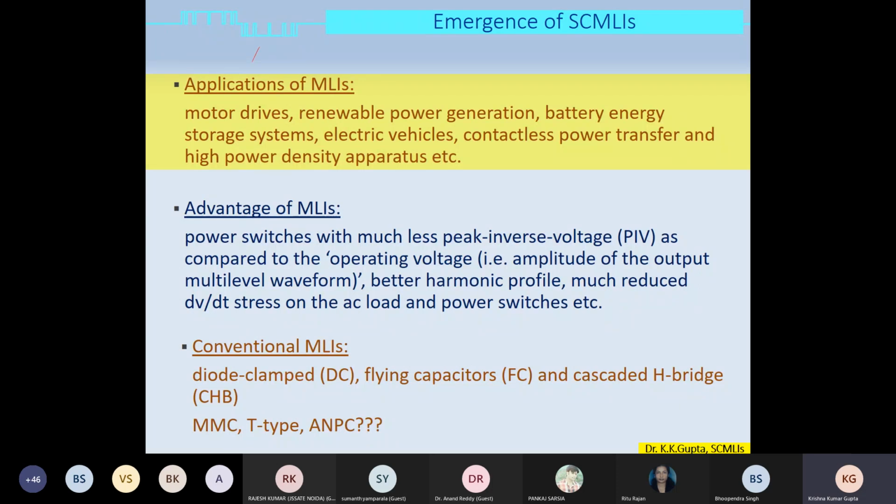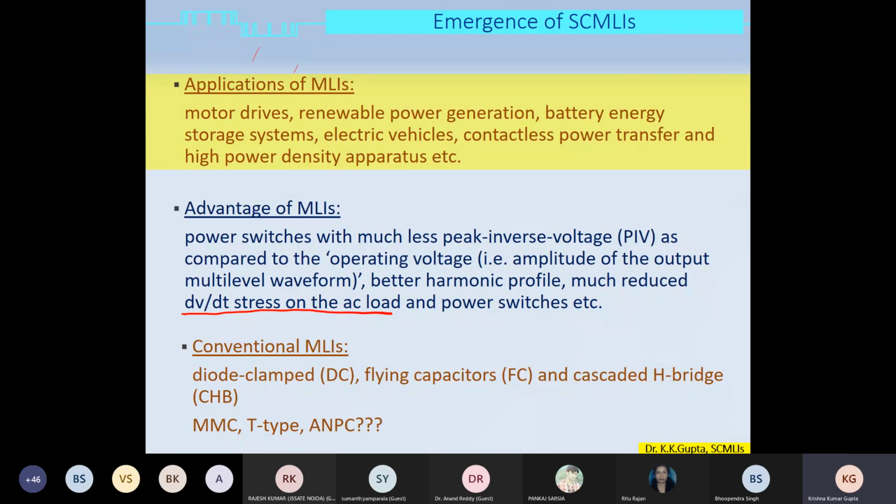In addition to this hardware-based advantage, we also get certain advantages in terms of the output waveform. Since the output waveform is stepped in nature, it has better quality. The harmonic profile is much better, and the dV by dt stress on the AC load is highly reduced.